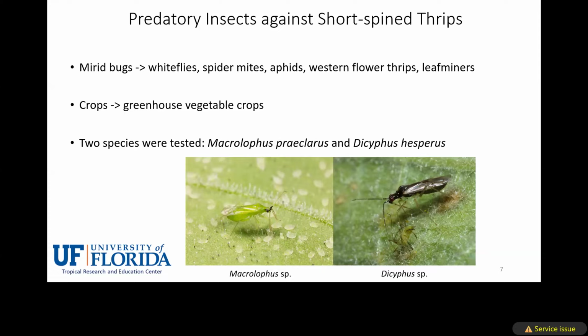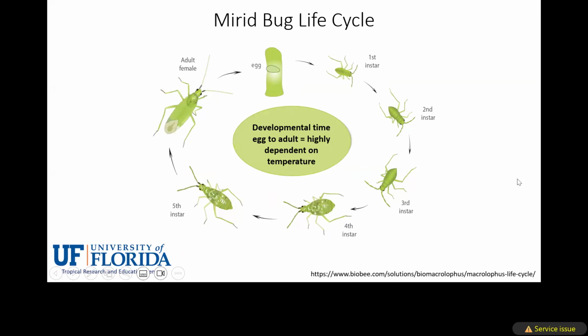Since we had it here, we started a colony in the lab and started testing this predator as well. So we tested both predators. Here is the life cycle of the mirid bug, similar to the pirate bug. They also lay their eggs inside of the plant tissue, and we have 5 nymphal stages before they reach the adult stage.